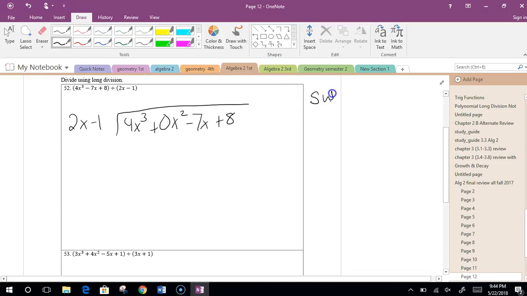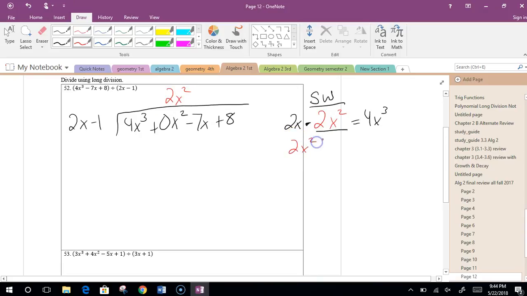And I'm going to do our scratch work over here. So we're going to use 2x for all of our scratch work. So the first part of this, 2x times something, will give me 4x to the third. Well, that missing piece would be 2x squared. That's what's going up top.